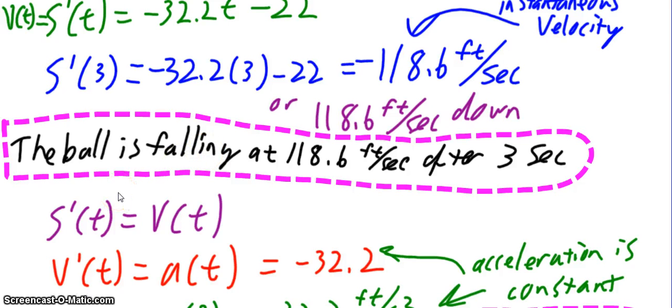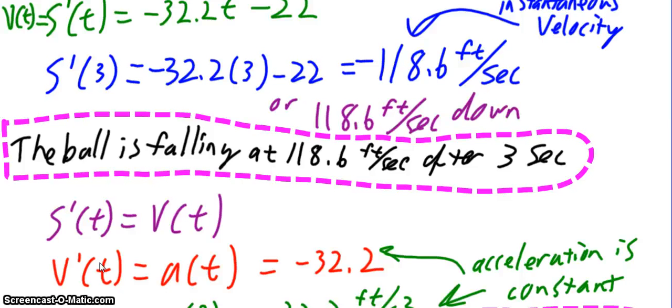So then the next thing we wanted to do, acceleration. Well, if velocity is the derivative of position, then acceleration is the derivative of velocity. And again, think about what these mean. Derivative is a rate of change. How does your velocity change? Well, if your velocity is constant, picture yourself driving at 55 miles an hour on the highway, because nobody speeds, so you have your cruise control set at 55 miles an hour.